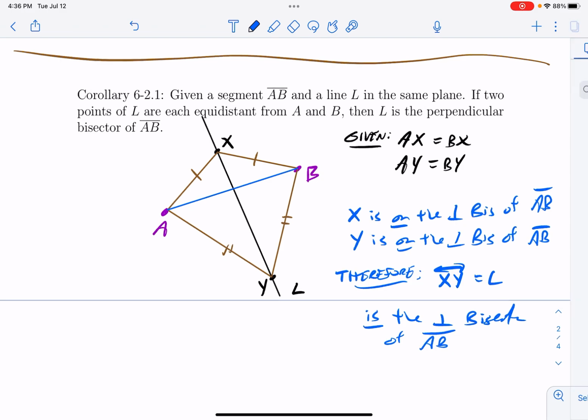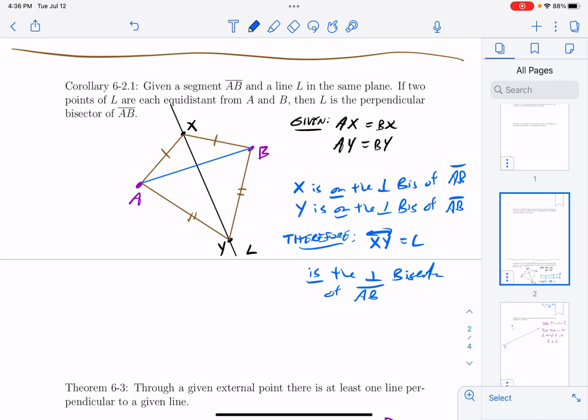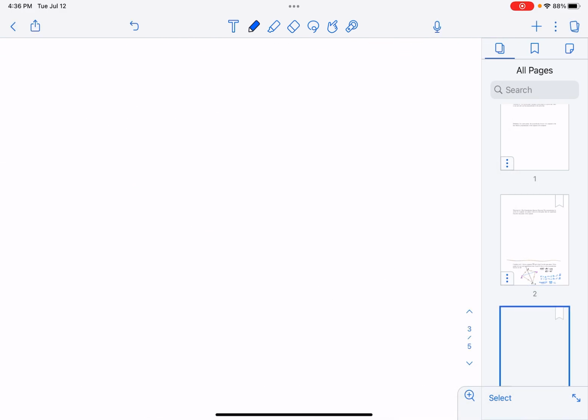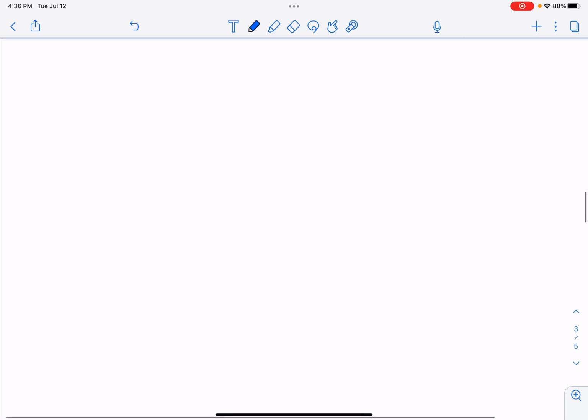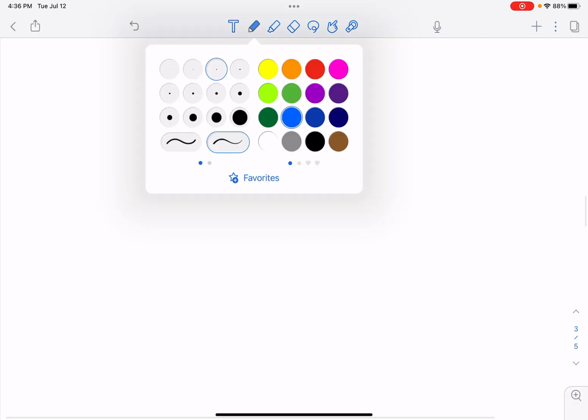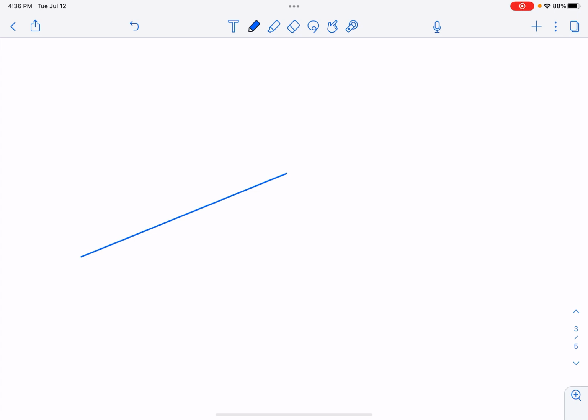Let me add a page just to really show you what I mean, because there's a subtlety here that often confuses people. If I just draw this picture, here's A, here's B, here's X, and I tell you that AX equals BX.